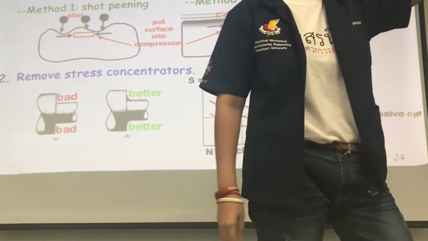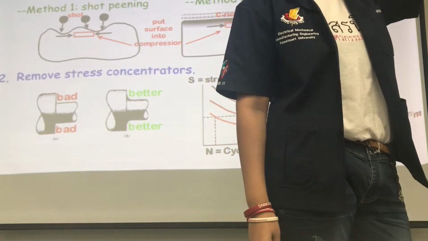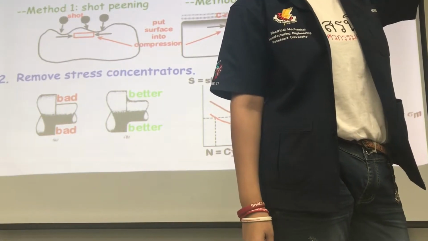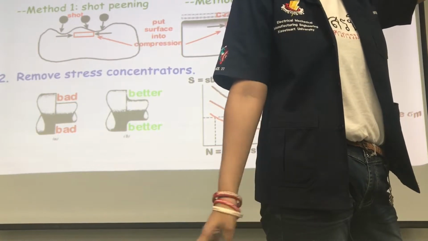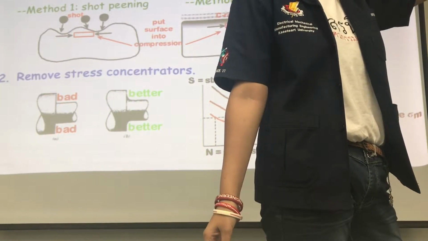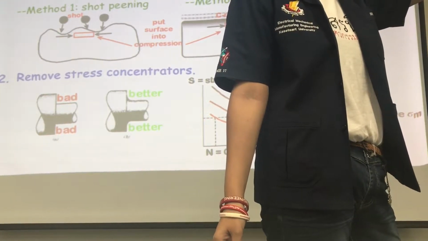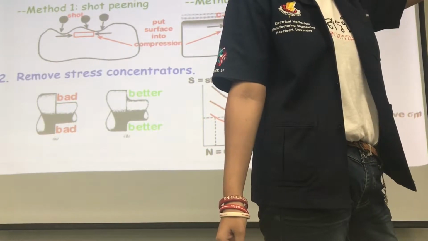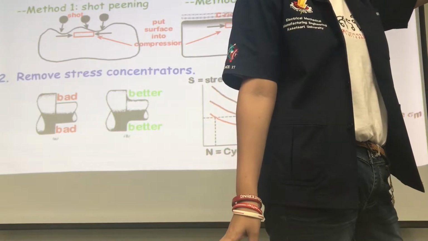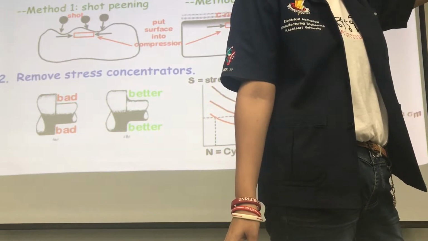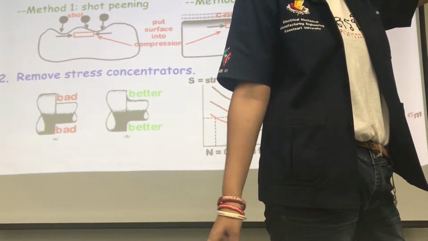Okay, so the crack will go this way. What should we do if we have the tensile mode? We pull it; will the crack grow or get smaller? It grows. And if I have compressive mode, will the crack grow or not?